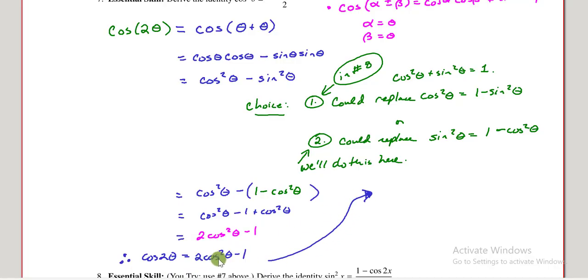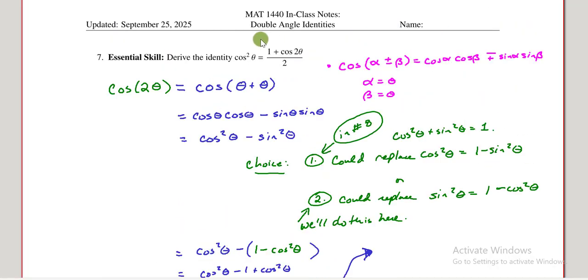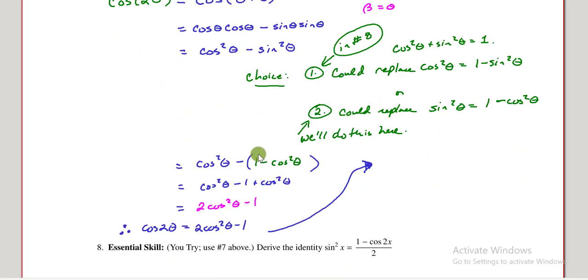So let's go ahead and solve this now for cosine squared theta so it looks like the way we want the identity. By the way, sometimes books will give the identity this way, which is perfectly fine, but when I go to use the identity in Calc 2, more often than not, I want to solve for cosine squared. So I'm going to solve this for cosine squared.